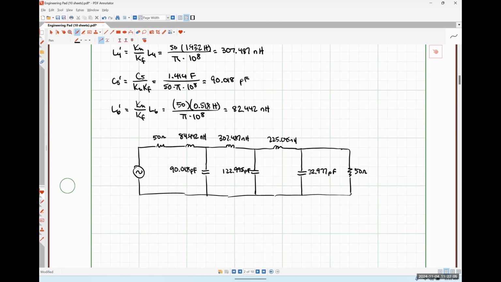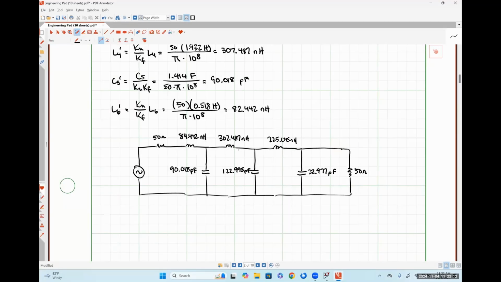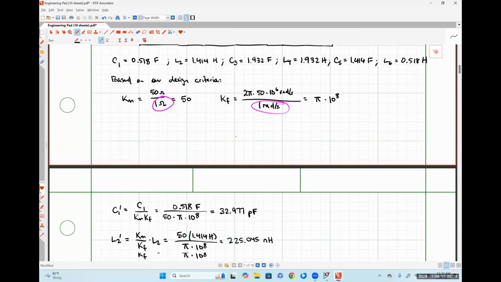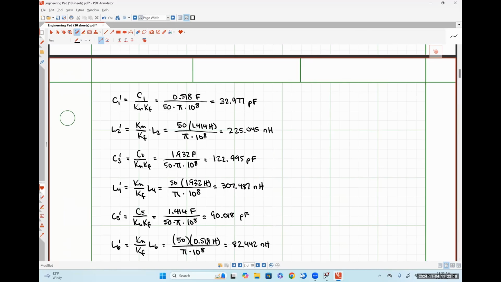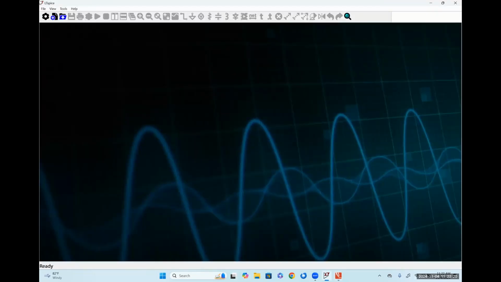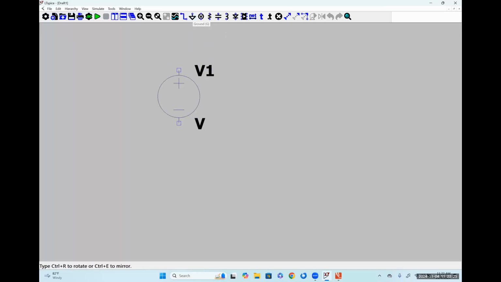So let's throw this into LTspice and just see whether or not we've met our design criteria, right? So using these particular values, I can find my mouse. Here we go. So here's my voltage source.